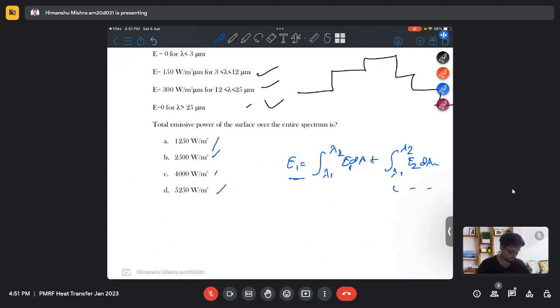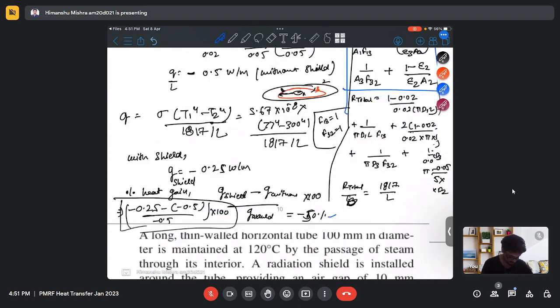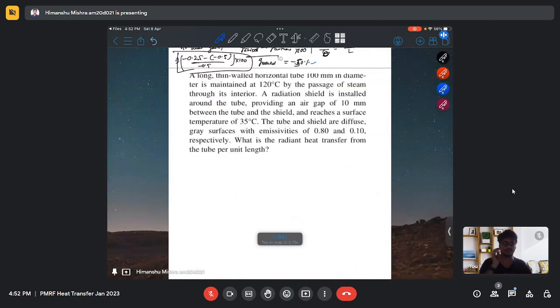We solved a similar problem last week, so try this for your practice. There is one remaining question left that we will solve in the next class. In the next class, probably we will start with this question and then move to the heat exchanger problem.